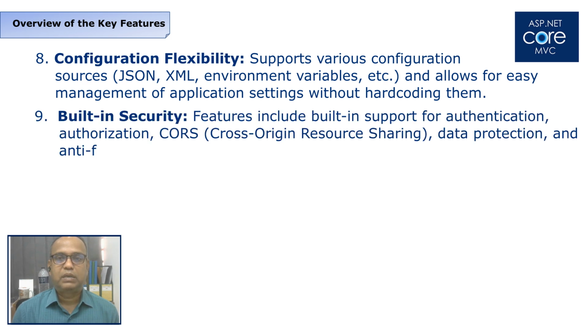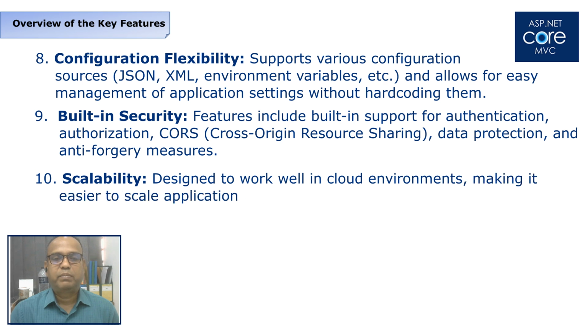Number 9. Built-in security. Features include built-in support for authentication, authorization, cross-origin resource sharing, data protection, and anti-forgery measures. Number 10. Scalability. Designed to work well in cloud environments, making it easier to scale applications up or down when needed.